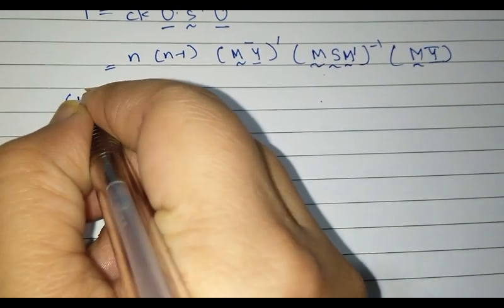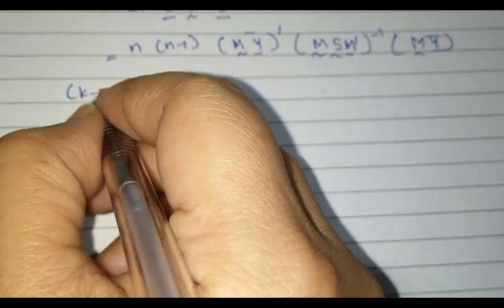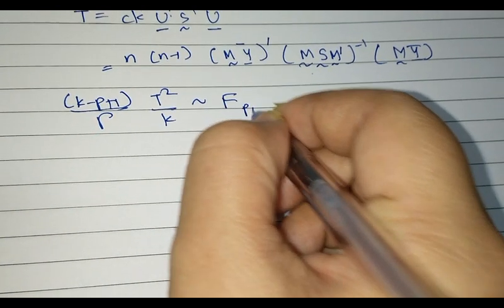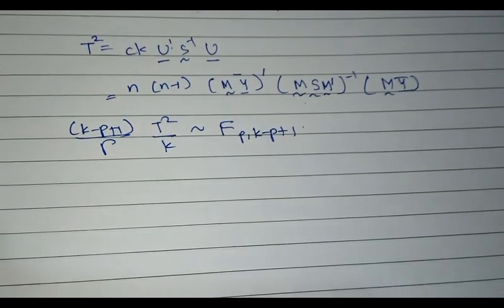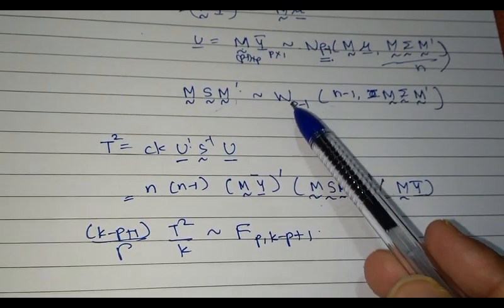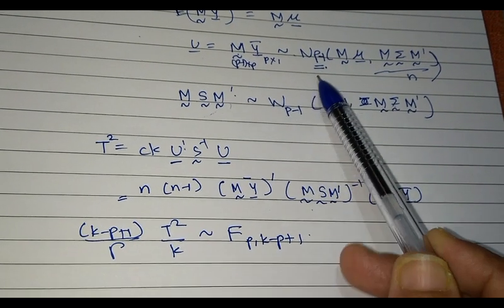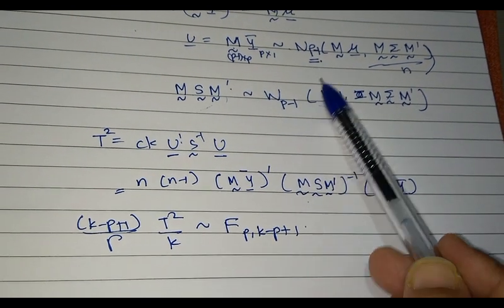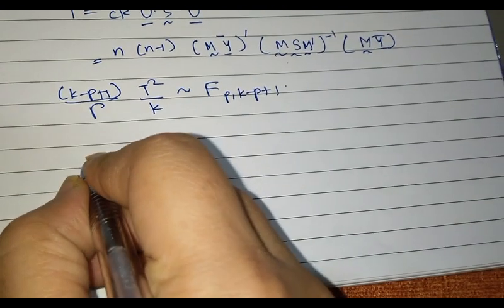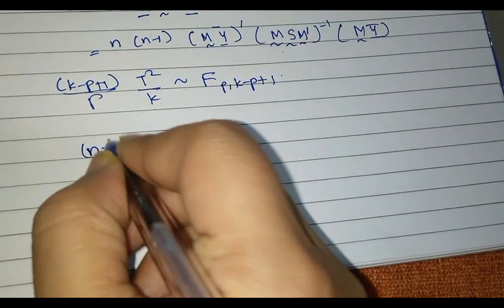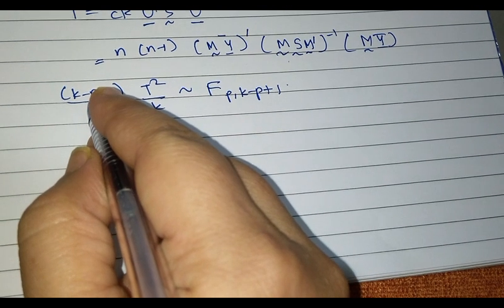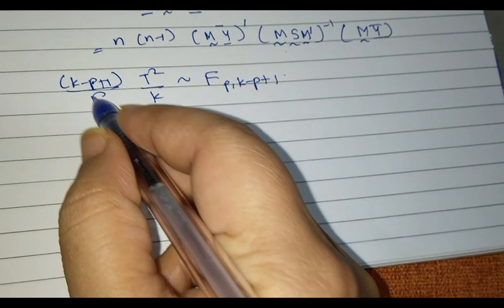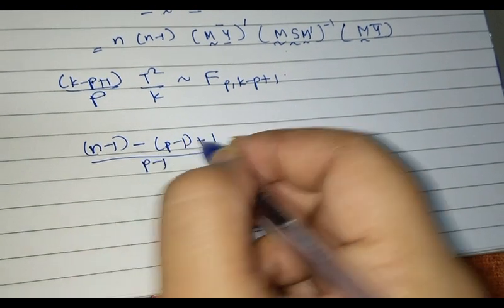that is null distribution. So we know K minus P plus 1 upon P T square by K follows F with P, K minus P plus 1. Now one thing to be mentioned here, my P has now become P minus 1. Okay, so every P has to be replaced by P minus 1 and K is N minus 1. So I have N minus 1 minus, instead of P I will put P minus 1, plus 1 will remain as it is. This P will also become P minus 1.